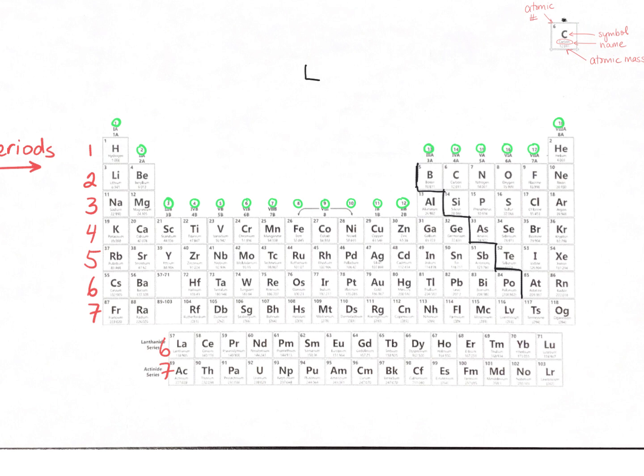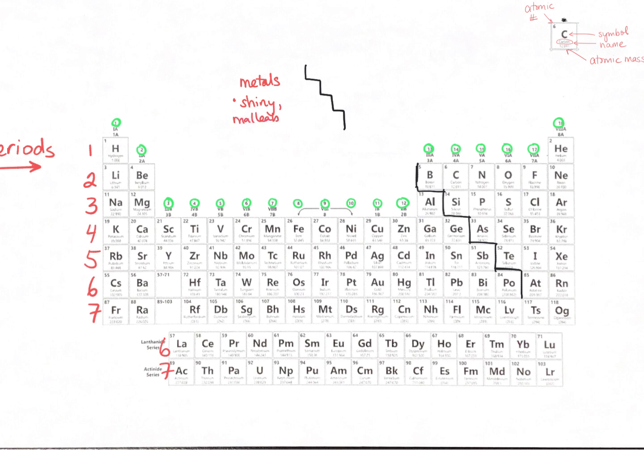I'm going to set up a sample zigzag here to say that the metals are found on the left side of the zigzag. Actually, I'm going to change the color there just so that we can pay attention to the difference here. What can we say about metals in terms of properties? Well, they're shiny, malleable.